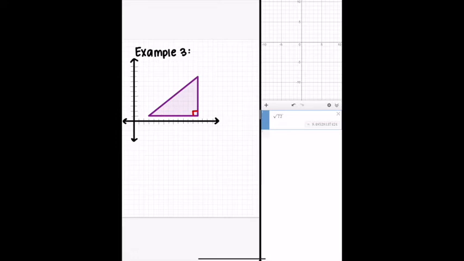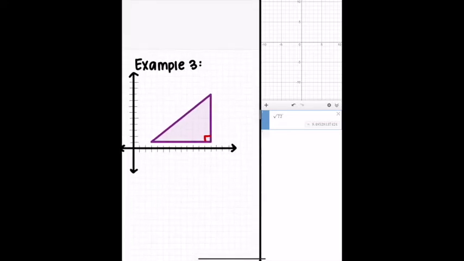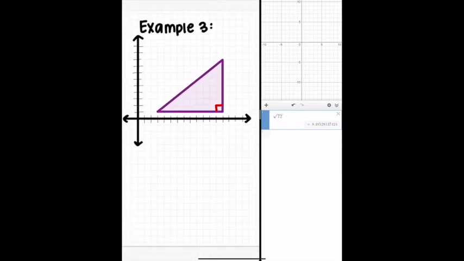Okay, and finally in example 3, we have a grid here. We want to know what is the diagonal length, and we can find that because this is a right triangle, so we can count out how long each side is. So this side is 1, 2, 3, 4, 5, 6, 7, 8, 9, 10.